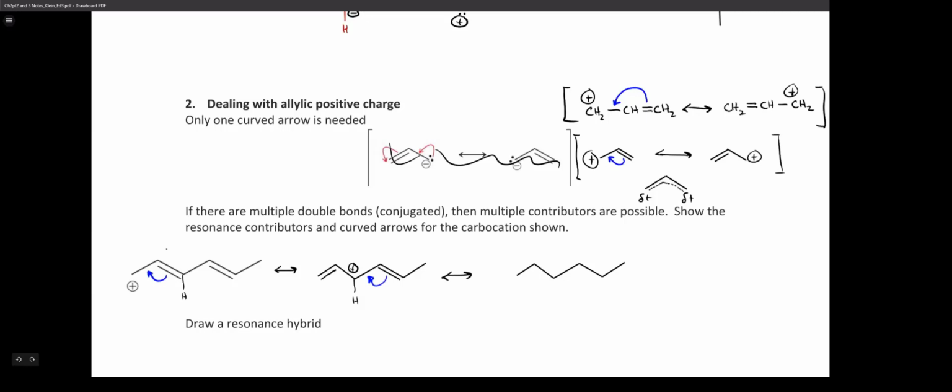And so now the pattern is double bond, double bond. And where's the positive charge now? The 5th carbon. Good. Exactly. It's on the 5th one from the left.